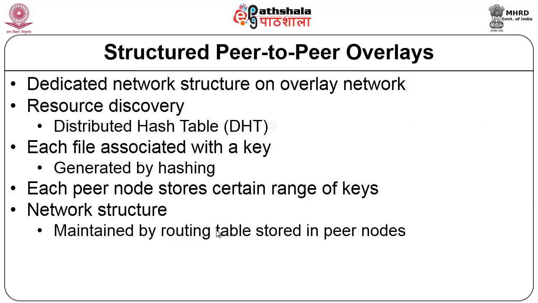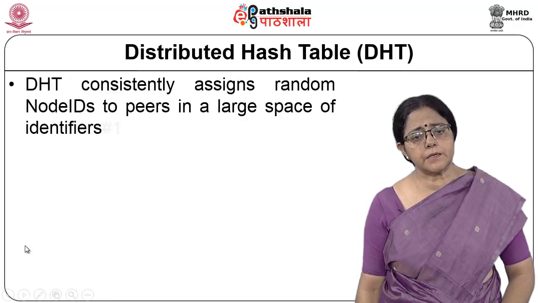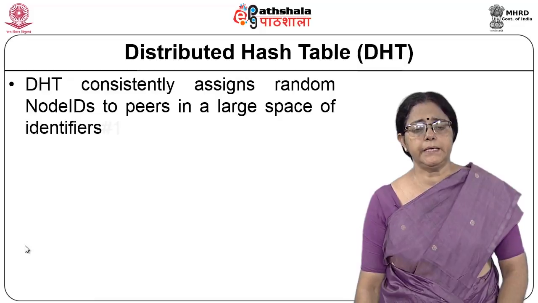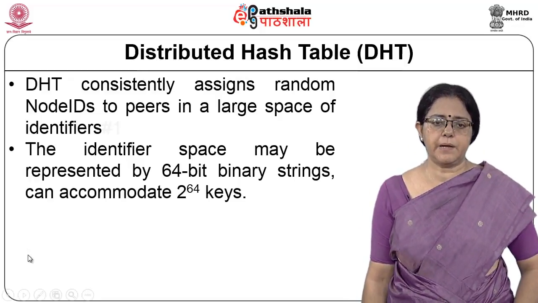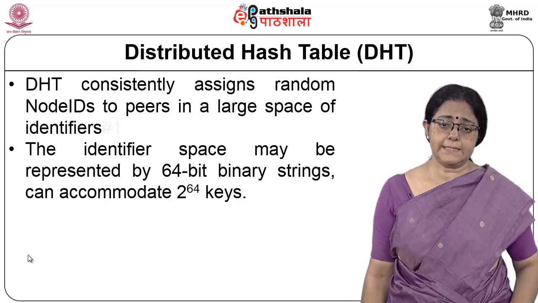Since the network is structured, we have a specific routing mechanism, and the routing table will be maintained by the peer nodes. The typical APIs are put and get. Put will store the file in a specific node, whereas get will obtain the file from the node. It is called consistent hashing, where it consistently assigns a random number to the nodes, which will act as a node ID.